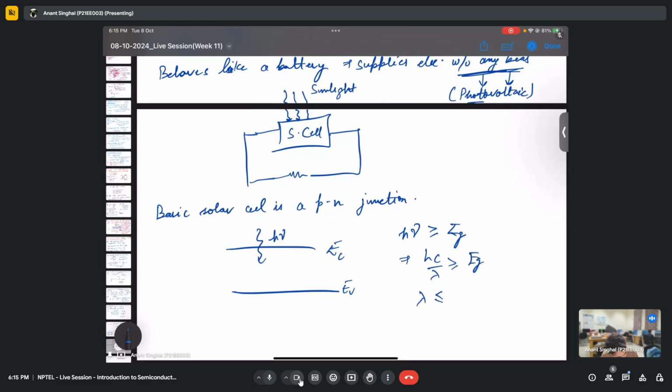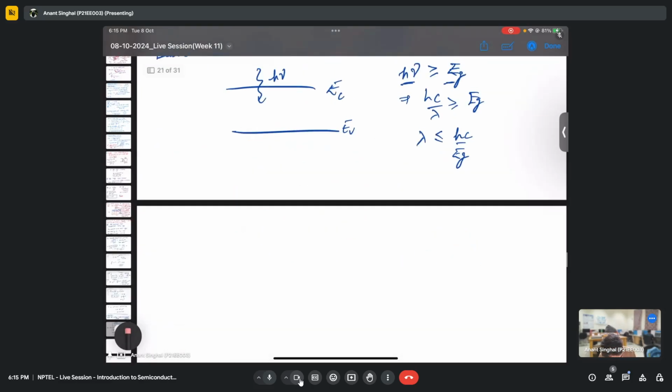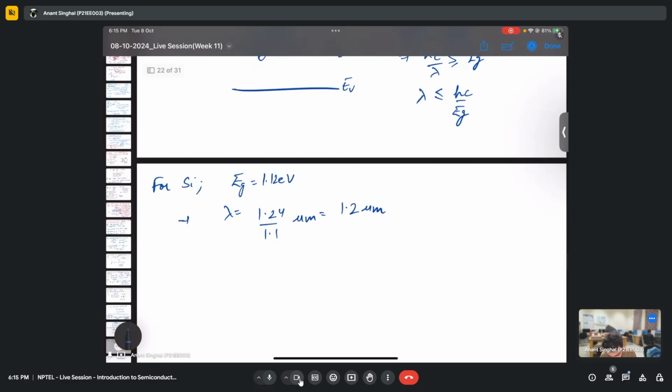So lambda should be less than, I mean, to get the bias, we know that the energy should be greater than the band gap. And by solving this, we get that lambda should be less than hc by Eg, right? So basically for silicon, we know the band gap is 1.12 electron volts. So we can calculate lambda as 1.24 by 1.1 micrometer. So this will come around 1.2 micrometer.